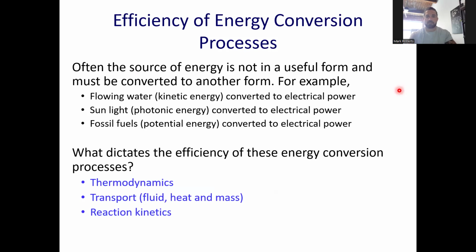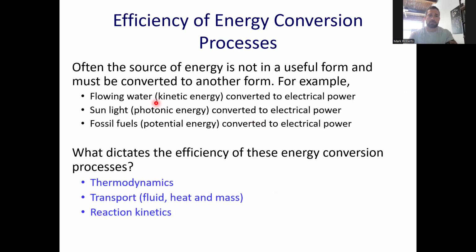So the energy source that we have access to is, again, not often the useful form of the energy, and we have to convert it into something else. The types of energy that we like to use are generally things like electricity or electrical power. We like thermal energy for heating and cooling, and also potential mechanical energy as a way for movement.